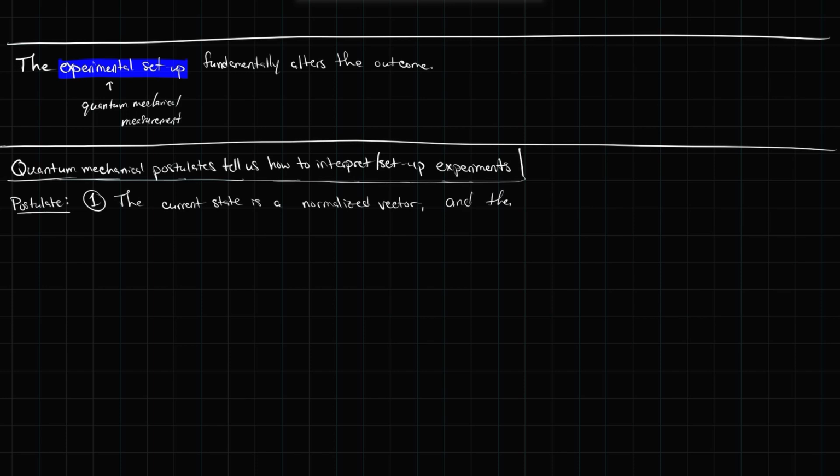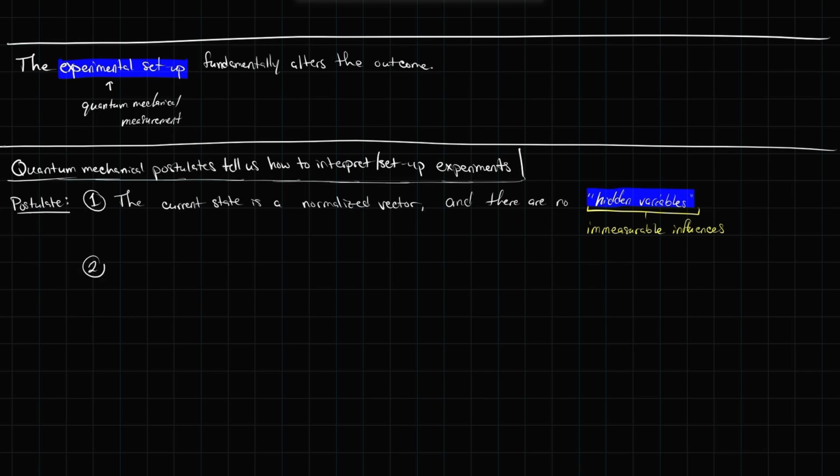And there are no quote-unquote hidden variables. So hidden variables are basically influences that are not able to be measured. We call these immeasurable influences. So everything that can describe the quantum system is assigned a measurement.